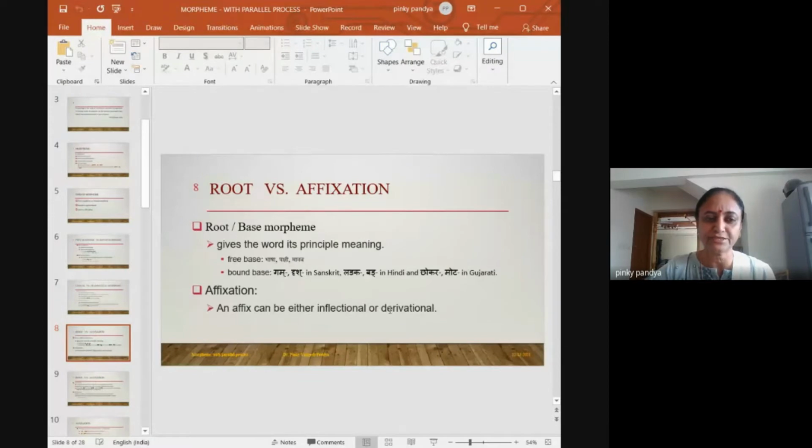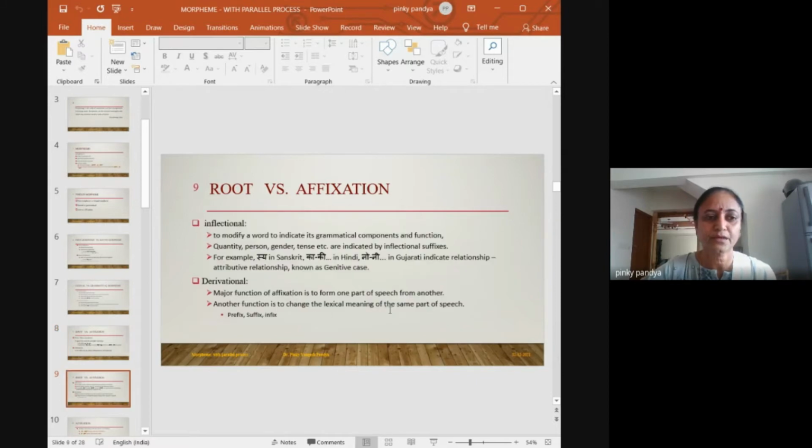Root versus affix. The root or base morpheme gives the principal meaning, and the affix can be inflectional or derivational. Inflectional morphemes are, as we know, case suffixes, etc. And derivational morphemes work to form new words.